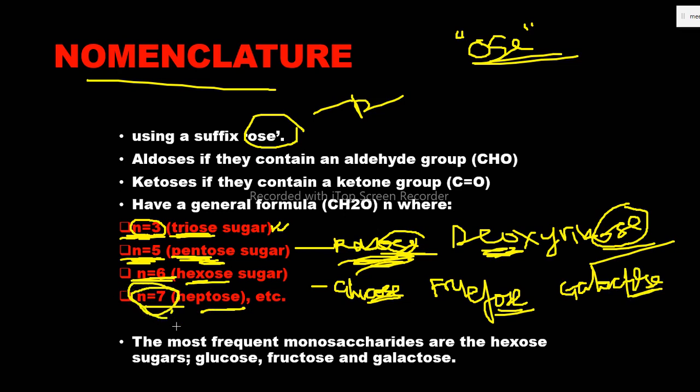Now, for triose sugars, these ones have just 3 carbon atoms, and they are classified in 2 categories, basing on the groups that one has. If you have this group in your structure, then this is an aldehyde group, an aldo group.